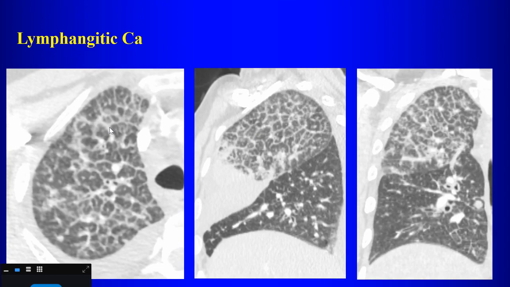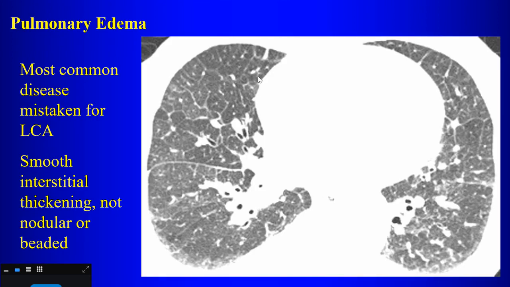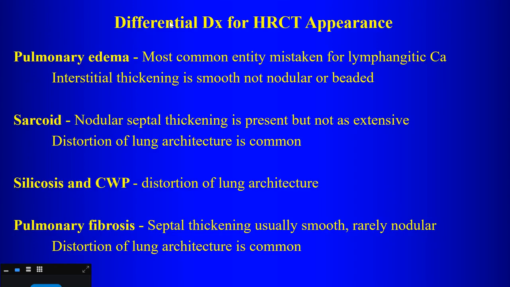So remember that pulmonary edema, which is the most common cause of interlobular septal thickening, should be very smooth. This is nodular, so there we think of something else besides pulmonary edema. This is pulmonary edema, very smooth interlobular septal thickening. Differential diagnosis: pulmonary edema tends to be smooth.